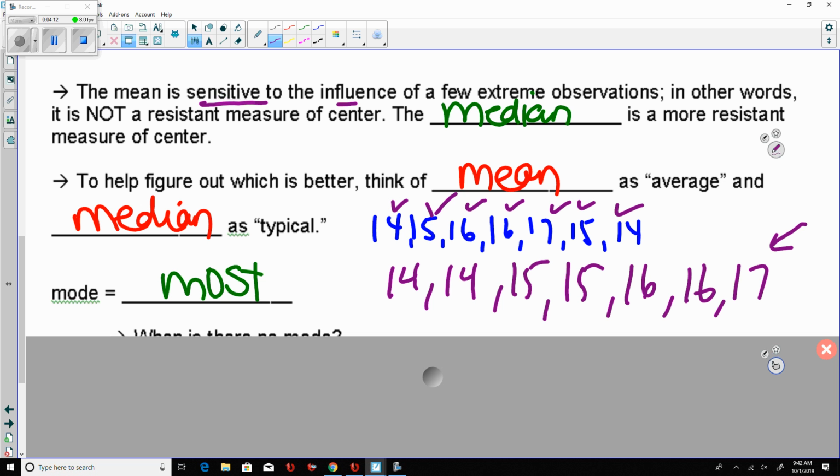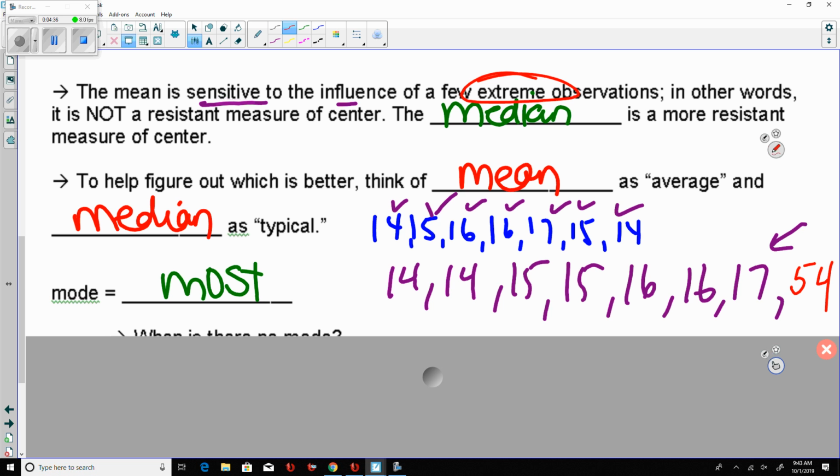If I throw in an extreme observation, let's say I throw in 54, now all of a sudden I put these values in your calculator and you're going to see your mean might be 20.